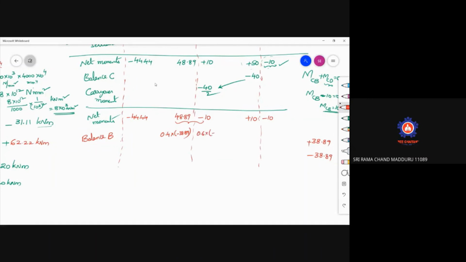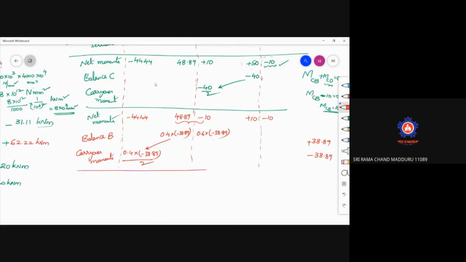0.6 into minus 38.89. Now you have to do carryover moment. When you are balancing, just remember carryover moment should be there. This is half of that one. And from here to here, remember it will not be there. Why? Because already the balancing is completed for C, and you should not send it once again.